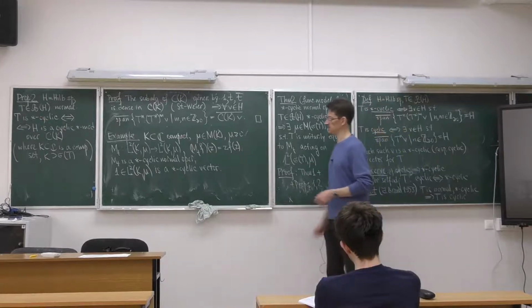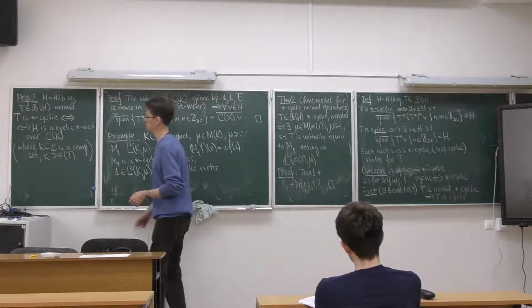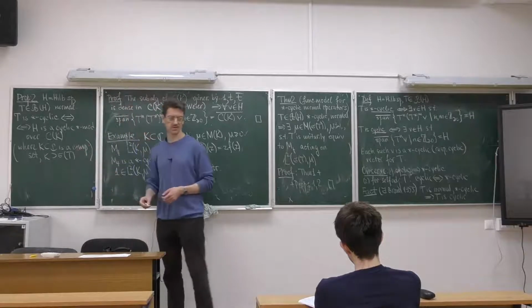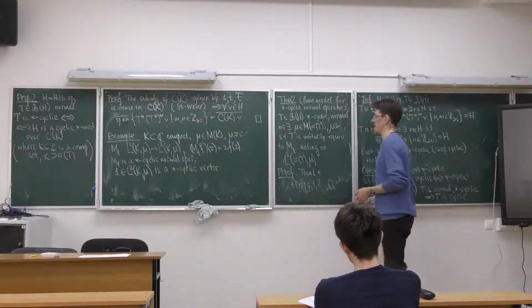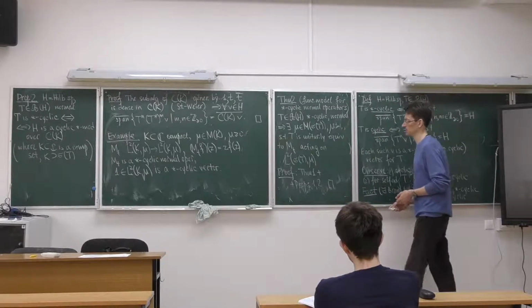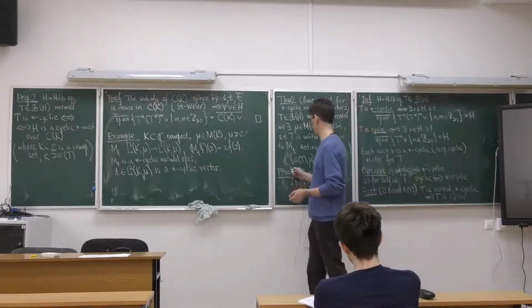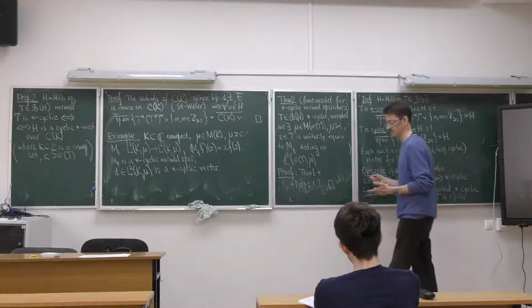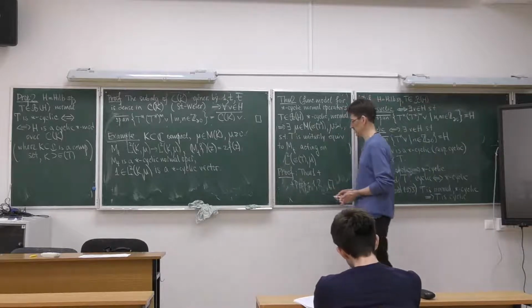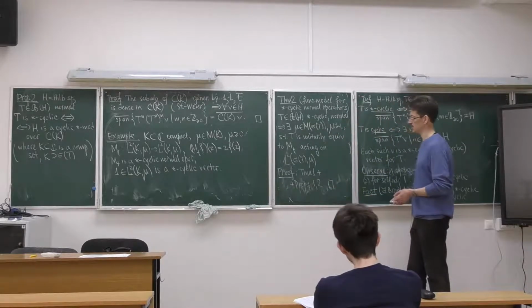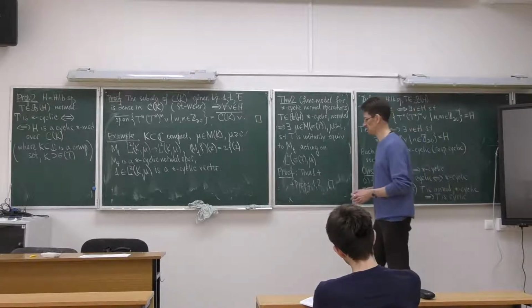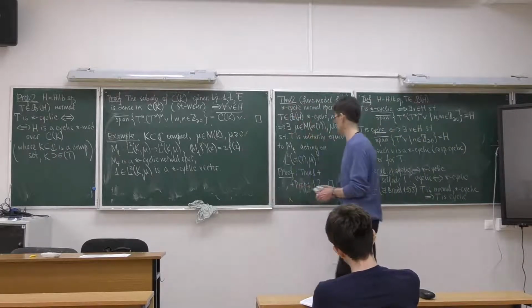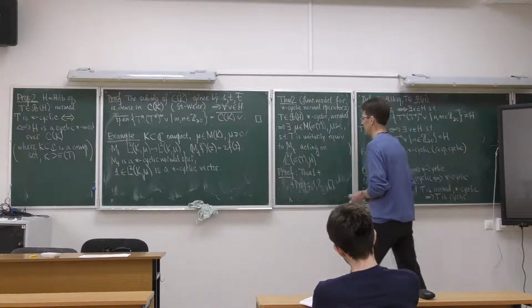This star module is cyclic by proposition 2. And we apply theorem 1, and we see that H is unitarily isomorphic to L2 of sigma, mu. But now proposition 1 implies that the operator T is unitarily equivalent to multiplication by the coordinate. And that's it.